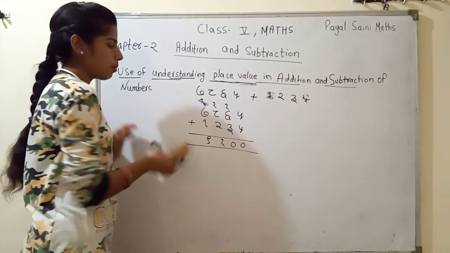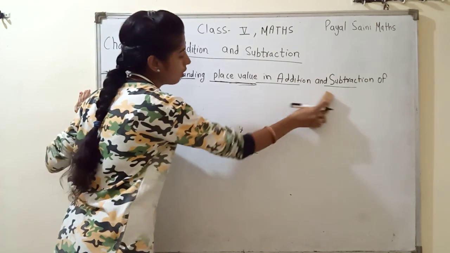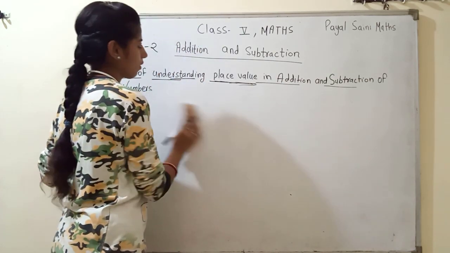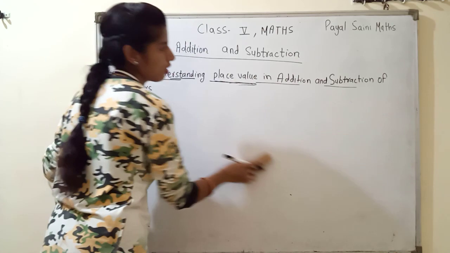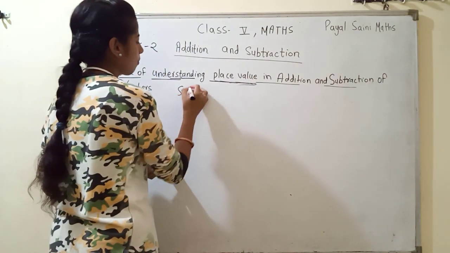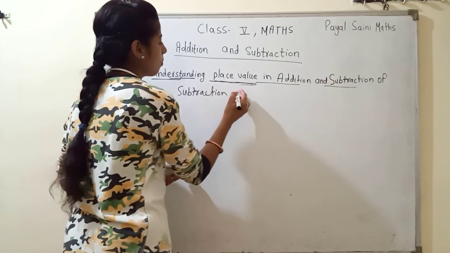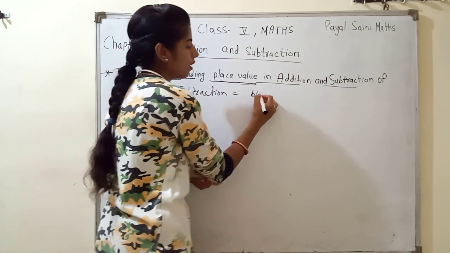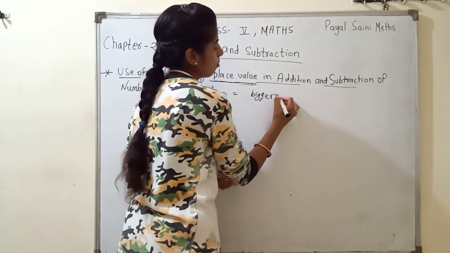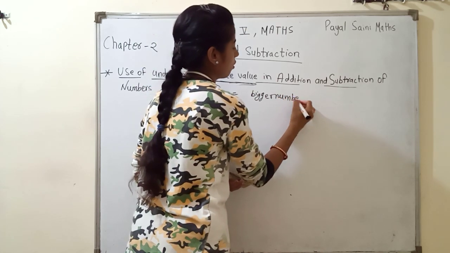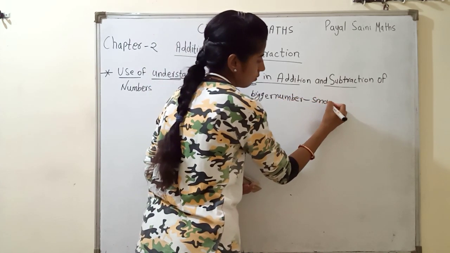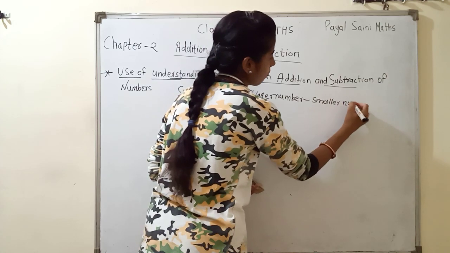Now we start our subtraction of Devanagari numbers. In Devanagari numbers, subtraction is also the same. Subtraction means bigger number minus smaller number.